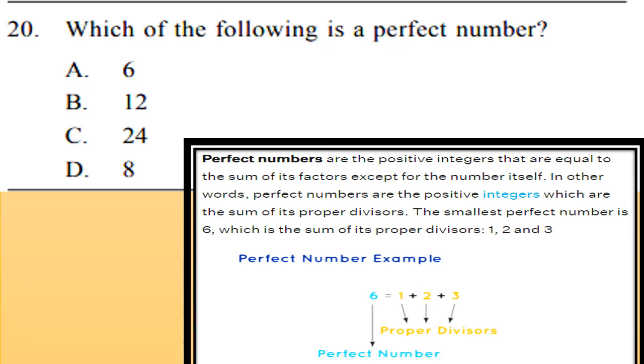The smallest perfect number is 6, which is the sum of its proper divisors 1, 2 and 3. So the proper divisors of 6 are 1, 2 and 3, and 6 is the sum of its proper divisors. So it is a perfect number.